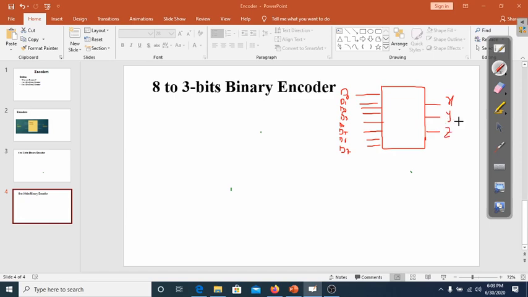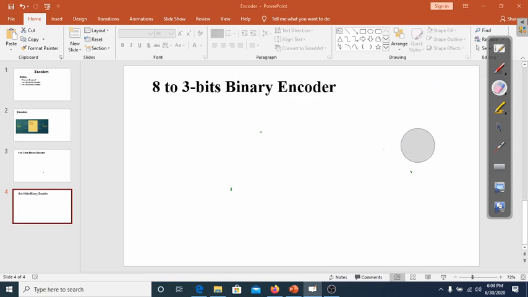Now let me draw the truth table for the 8 to 3 bit binary encoder.